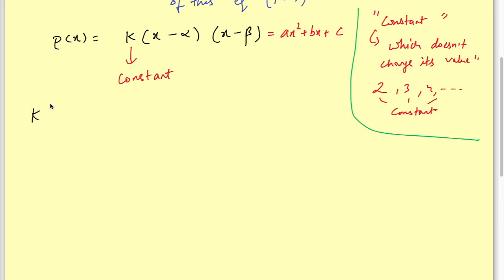So this will break like this: k times x square minus beta x, minus alpha x, minus alpha into minus beta is plus alpha beta. Okay, and our expression is this one, ax square plus bx plus c.